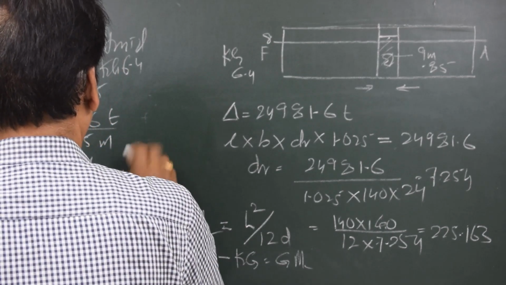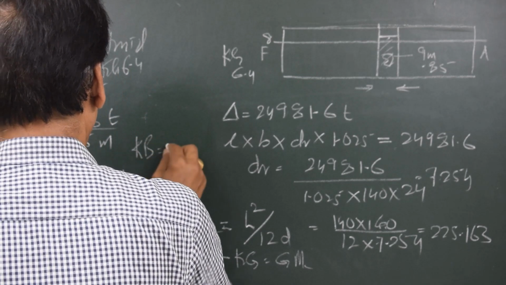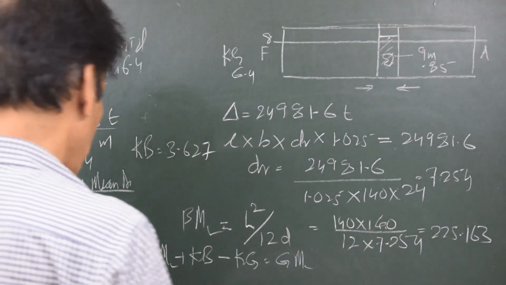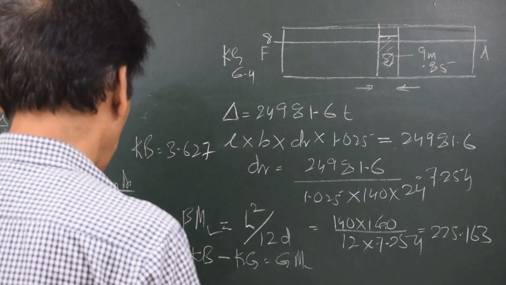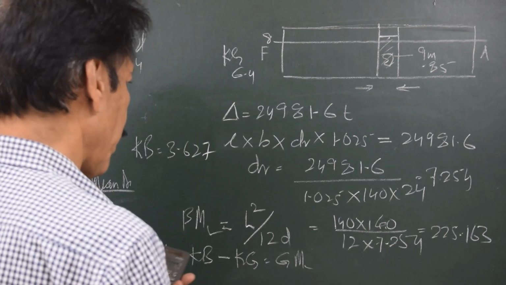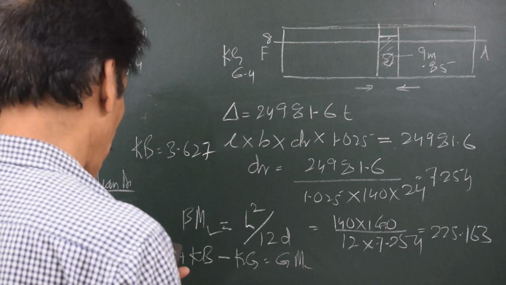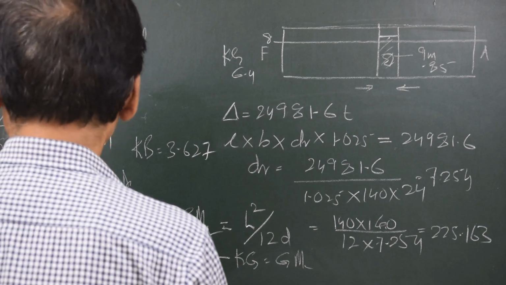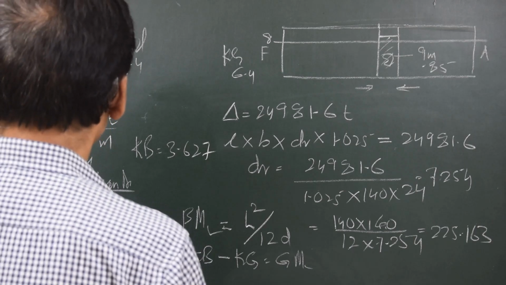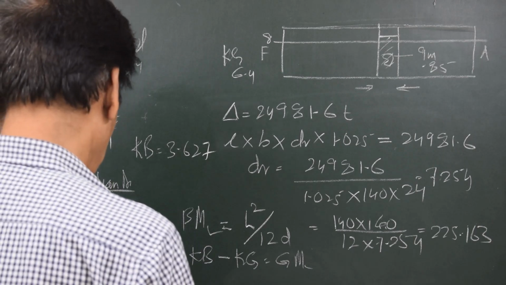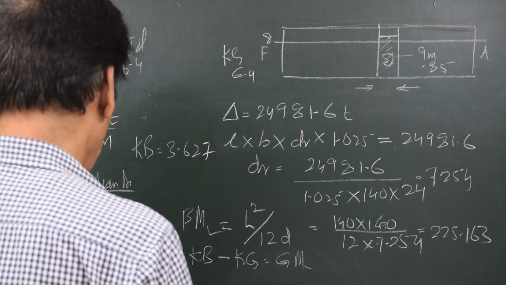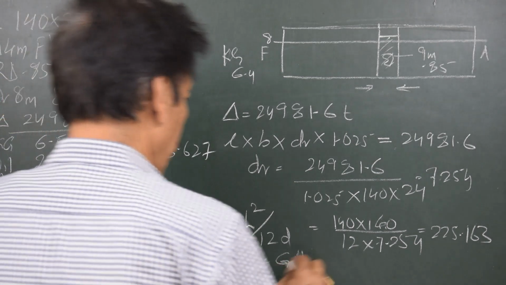So KB is equal to 3.627. So let's do it. 3.627 plus 225.163 minus KG. KG is 6.595. That equals 222.195.